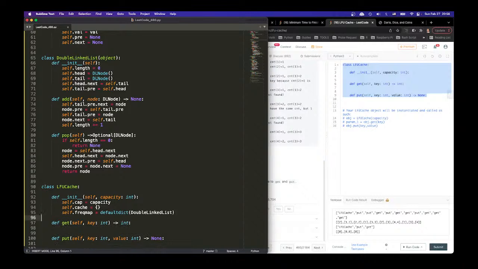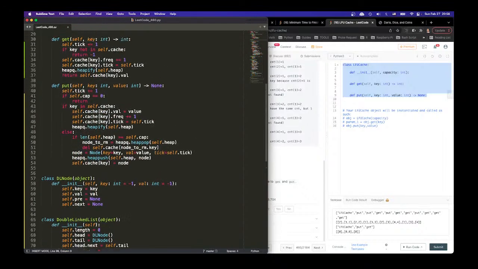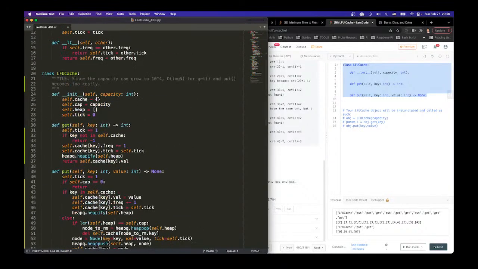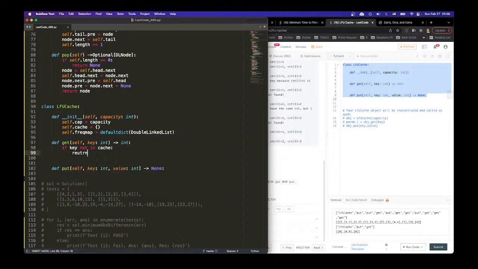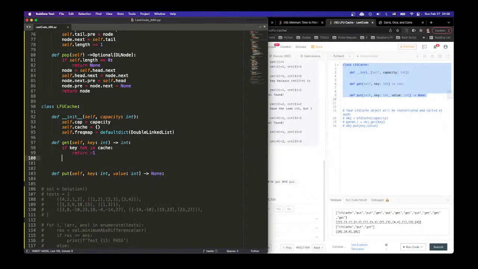Okay. Get. Very easy to write. We want to get. So again, if key is not in cache, we are returning -1. Easy peasy. Okay. Otherwise, if the key is inside, what do we do?